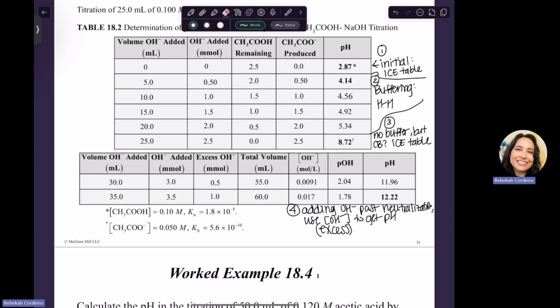So at neutralization, you need an ICE table. Now my pH might not be neutral here, but at neutralization, use an ICE table. If you don't have that buffer, you can't use it. And then if we're going beyond that neutralization, you can just literally look at the concentration of hydroxide to find pH.